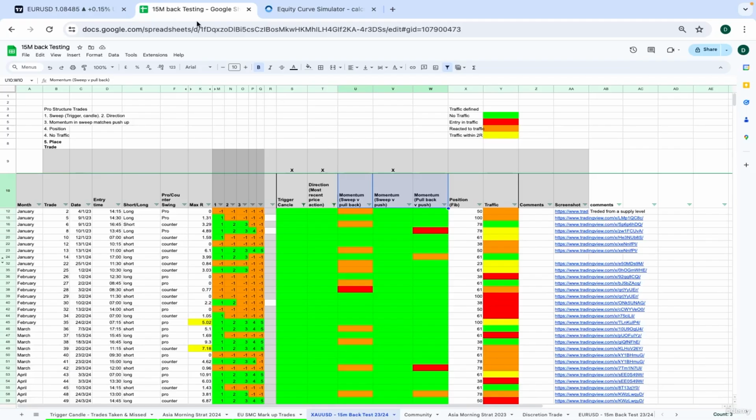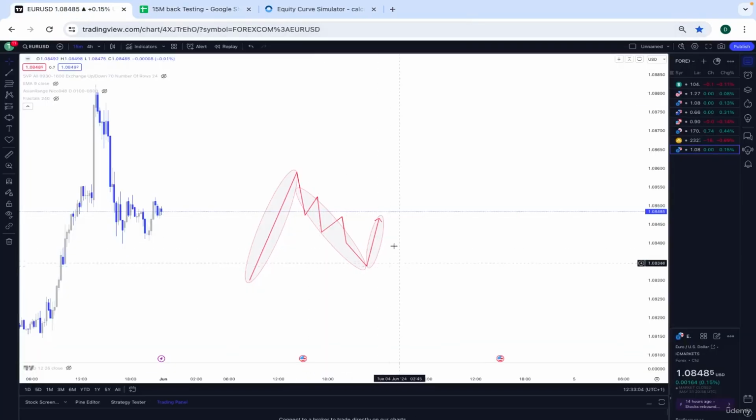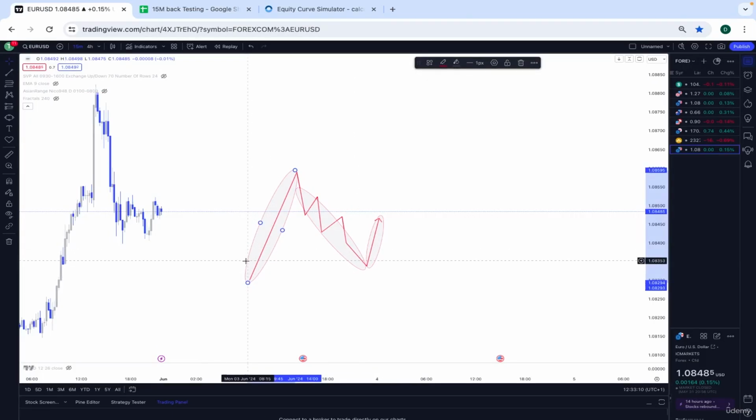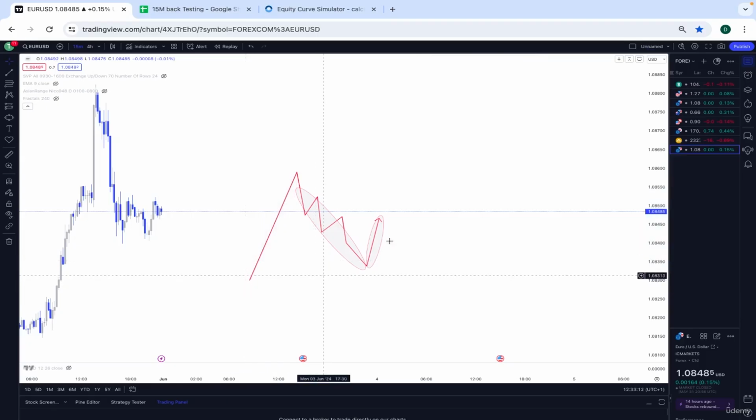So what I've done for each of my trades, this one here, is a comparison of momentum between the sweep versus the pullback. Let me just delete that. So I've done a comparison when I placed a trade of the sweep, which is this here, versus the pullback.